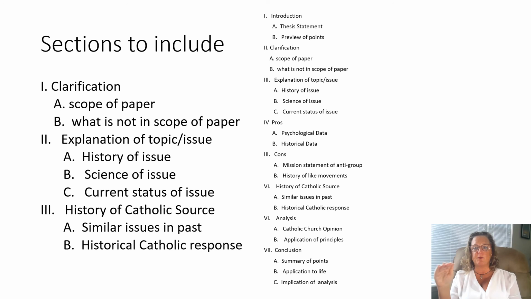So you have your pros and your cons, and then you might spend a few paragraphs on the Catholic social teaching and the history of the Catholic social teaching with your subject. And then you will end, of course, with your analysis, which could be longer. You could do the Thomas Aquinas approach by breaking down the other arguments to then conclude with your point.